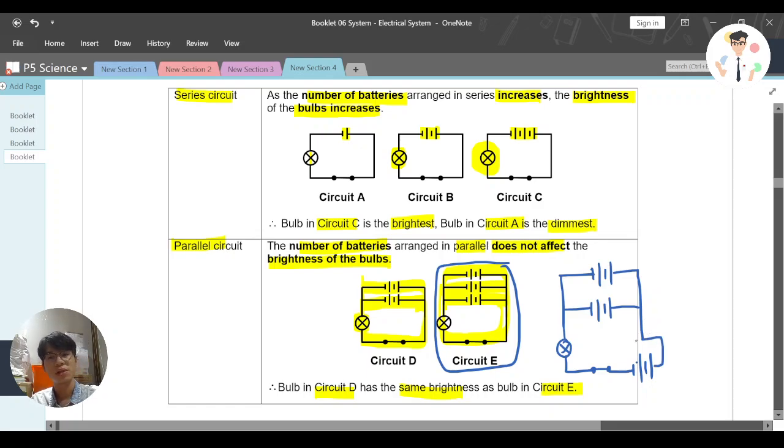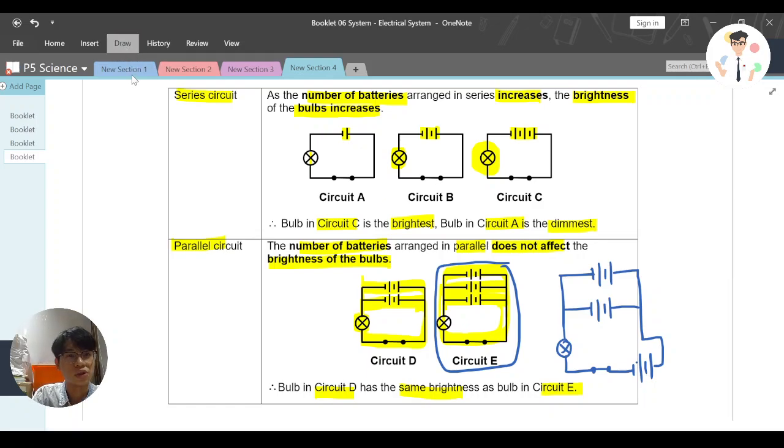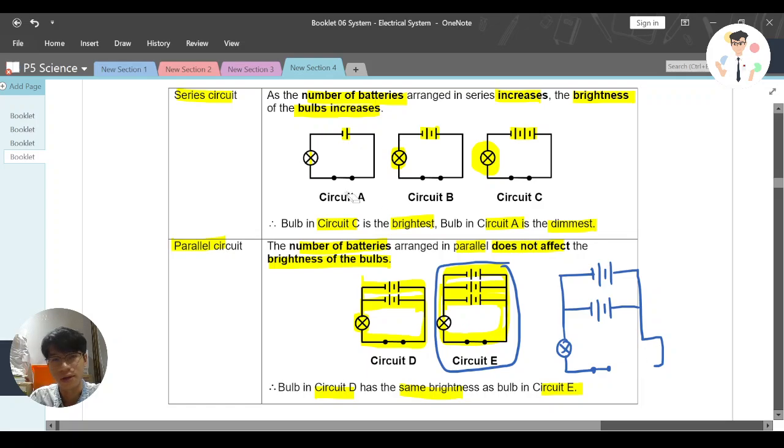I should change the side of the battery first. Do you think it works the same way? Will the bulb have the same brightness as this? The answer is not really.